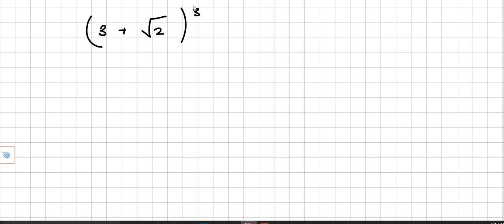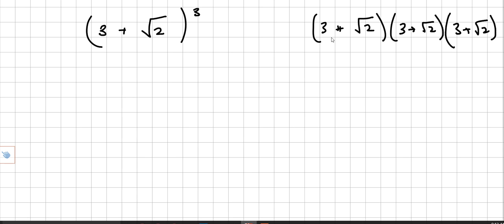It's a very small expansion. You could do this as 3 plus root 2 times 3 plus root 2 times 3 plus root 2. You could do it just like that, expanding the 2 brackets and then doing the final one. That's one way of doing it.